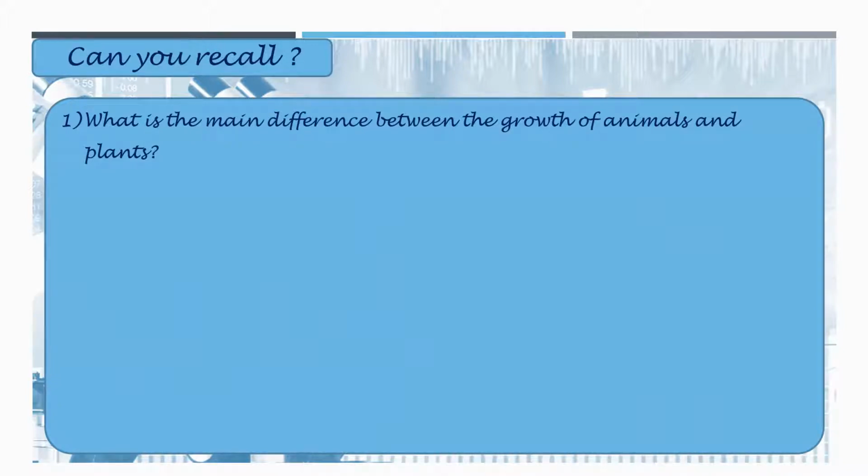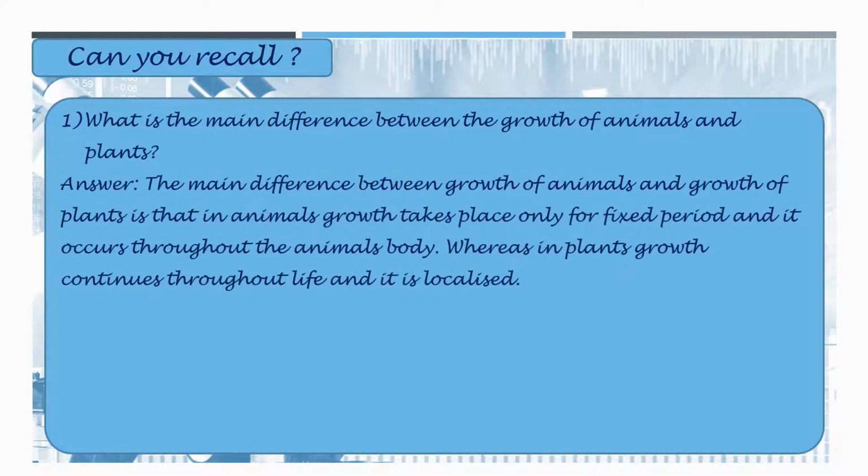Correct. The main difference between growth of animals and growth of plants is that in animals, growth takes place only for a fixed period and it occurs throughout the animal's body. Whereas in plants, growth continues throughout life and it is localized.